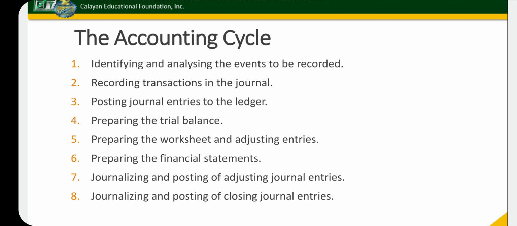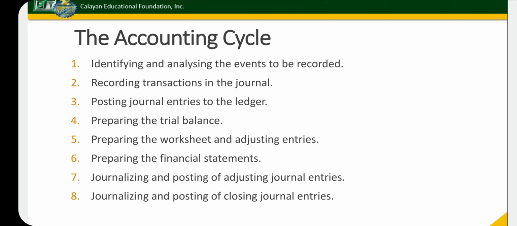Then number 3, right after we have recorded all the business transactions in our journal, that's the time that we need to post each transaction or each account title to their corresponding T accounts or ledger. Right after the recording phase, we're going to proceed with the classifying phase, wherein all similar items are grouped.